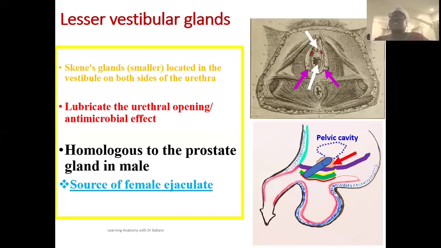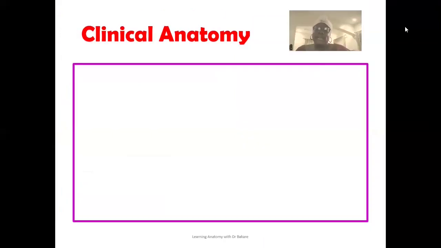And we know that the prostate gland also helps to reconstitute the ejaculate. Then secondly is the fact that the lesser vestibular glands and also the prostate gland have the same embryonic origin. So due to these two features, the prostate gland in male is seen as the homologous structure to the lesser vestibular glands. Now let's look at the clinical anatomy.